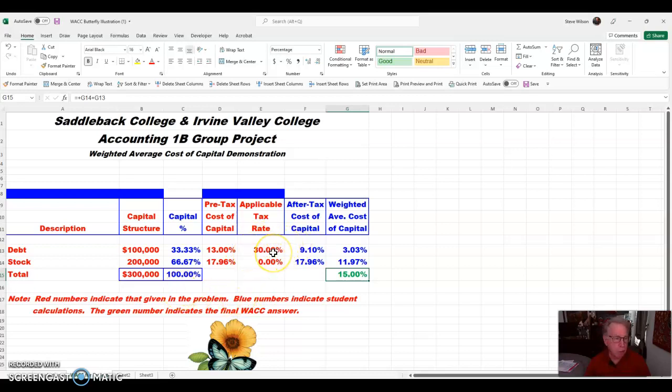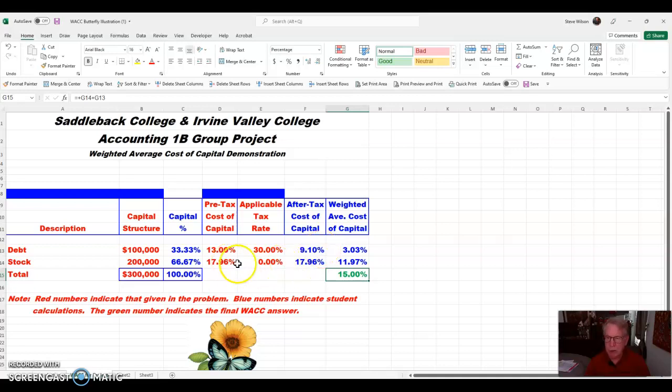Tax rate is 30%. So we're going to multiply the 13% times 1 minus the tax rate. That's 100% less 30% equals 70%. 70% of 13% is 9.1%.